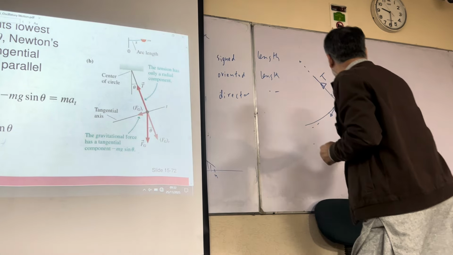We want a s, because x is now replaced by s. Just like x can be positive negative, s can also be positive negative. Yeah, positive negative. What do you want to see there? Minus, and we will have an omega for the simple pendulum.